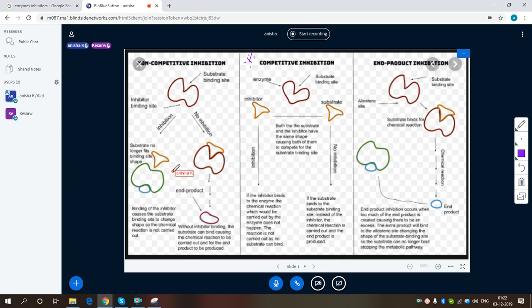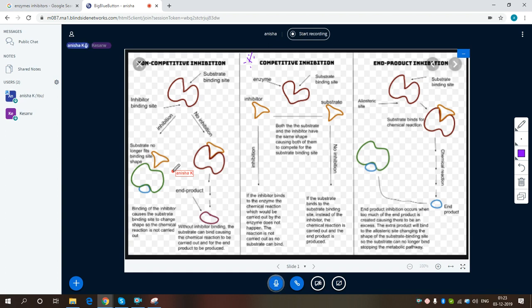So naturally, what is happening? It has taken a substrate binding site. It is also giving an inhibitor a way to come in. So it's just there, it doesn't actually have an effect.